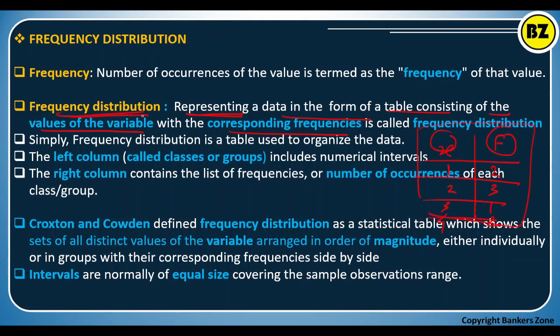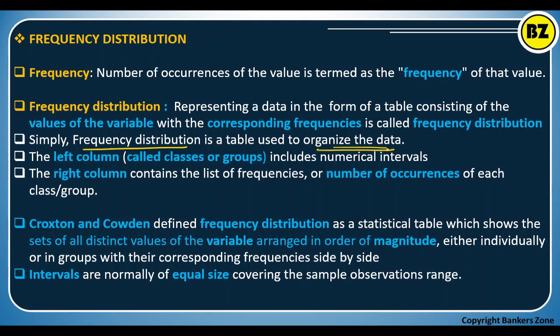Now, a frequency distribution is a table used for organizing data. The left column is called the classes or groups, and it includes the numerical interval. The right column contains the list of frequencies, the number of occurrences of each group.